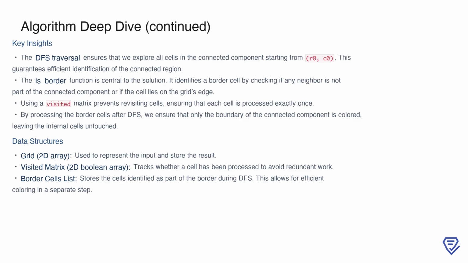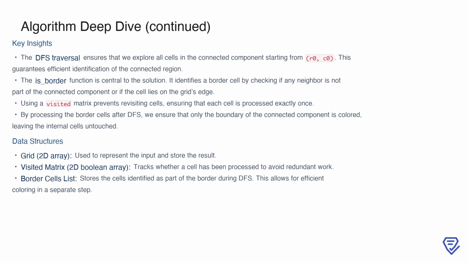This approach has several key insights that make it effective. First, the DFS traversal guarantees that every cell in the connected component is explored starting from the given cell, R0, C0, ensuring that the entire region is processed efficiently. The is_border function plays a critical role here, as it allows us to precisely identify which cells form the boundary of the connected component.